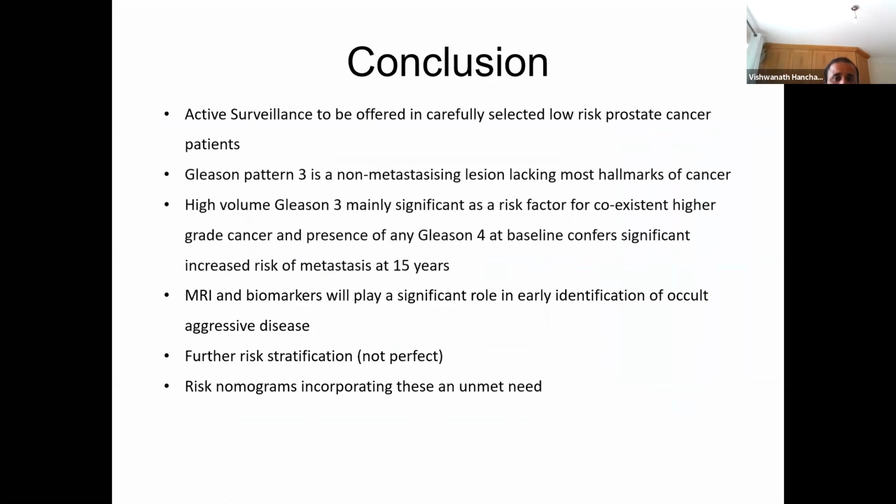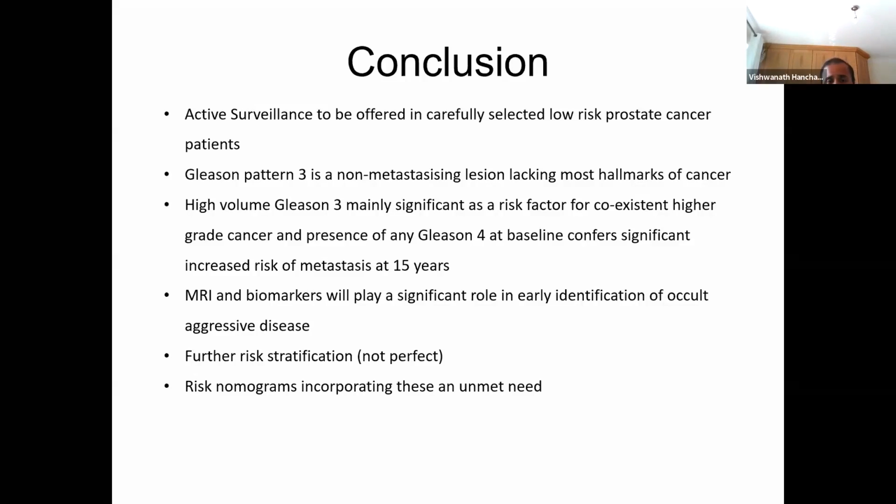We know that Gleason pattern 3 is non-metastasizing and lacks the high risk hallmarks of cancer. If there is a high volume Gleason 6 cancer, again, it may have to be used with a bit of caveat in active surveillance because there is worry that they may have coexistent higher grade cancers. If they do have a Gleason 4 cancer, there is an increased risk of metastasis at 15 years.